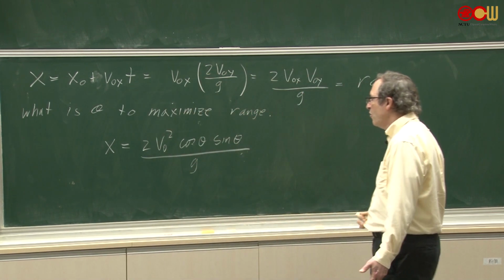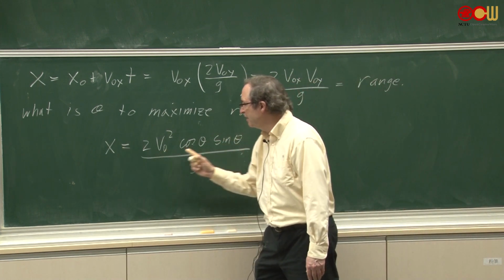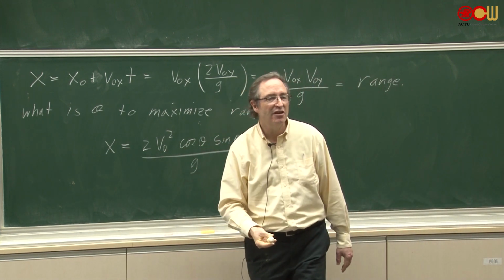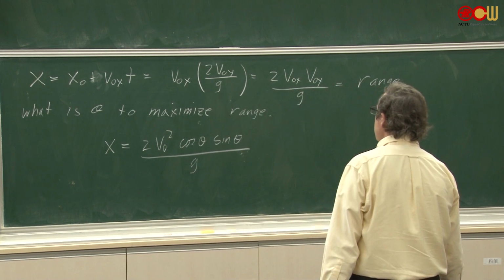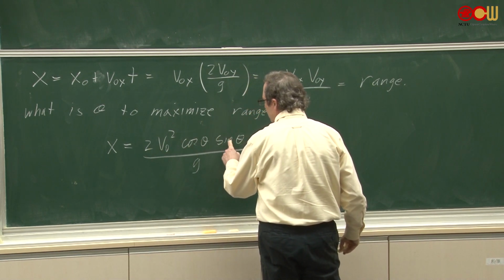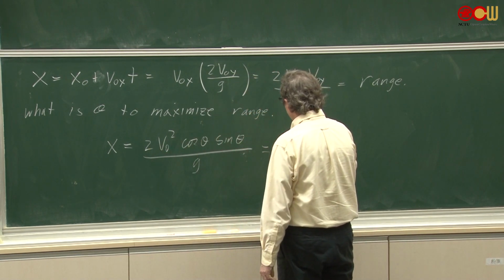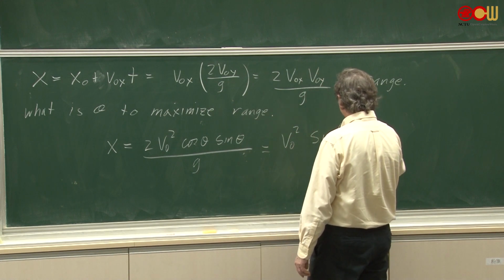Now there are a number of ways of doing it. You could take a derivative with respect to theta, set it equal to 0, and find out what theta should be. Another is to recognize that 2 cosine theta sine theta is equal to the sine of 2 theta.